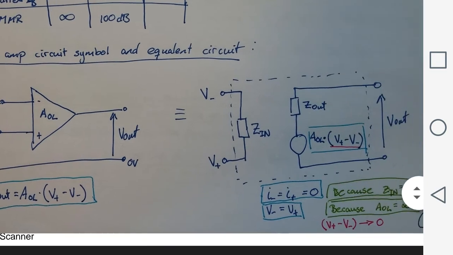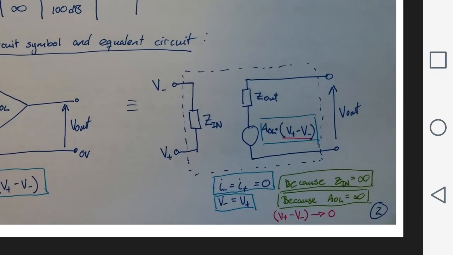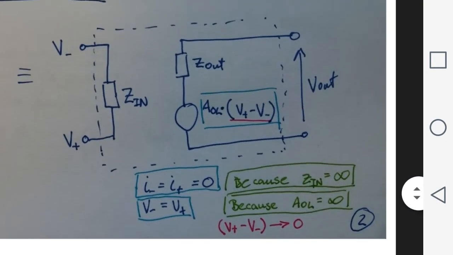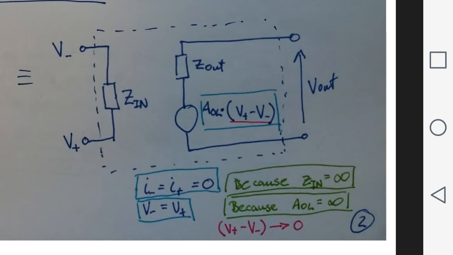But we also have an equivalent model, which is used to describe the behavior of the circuit and to help understand why you want to have infinite values for the input and output impedance, for example.